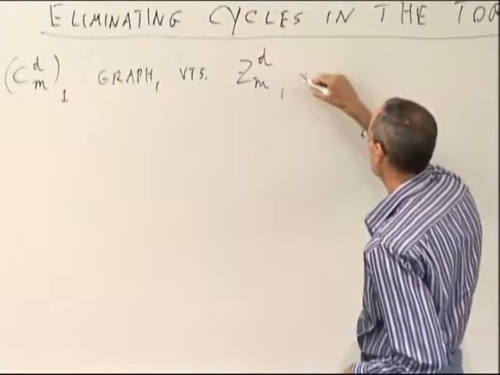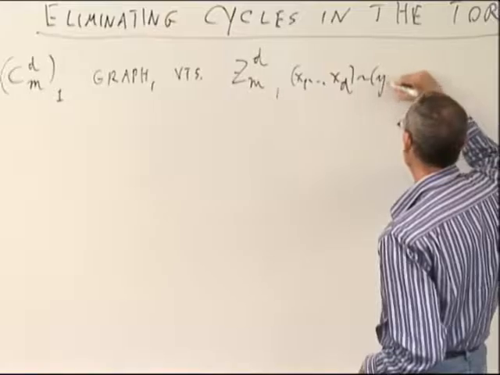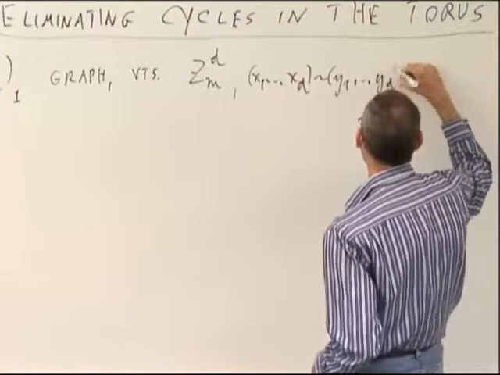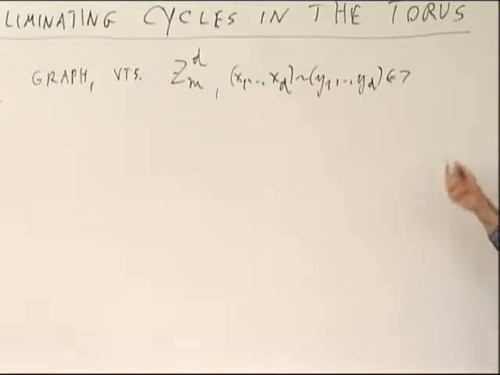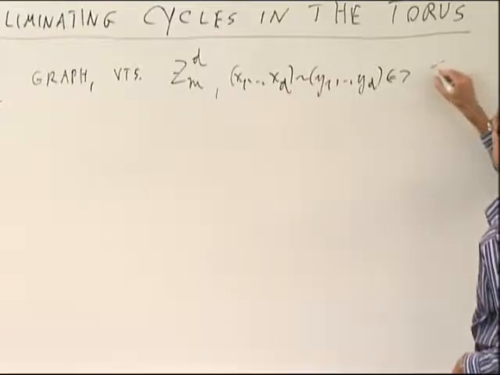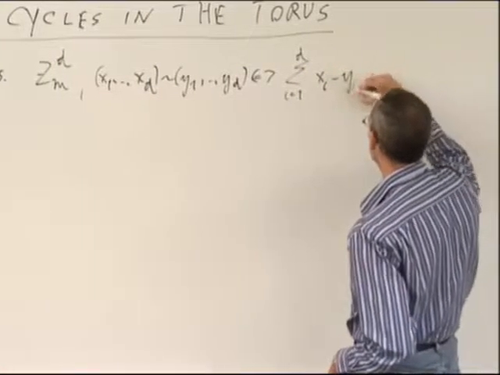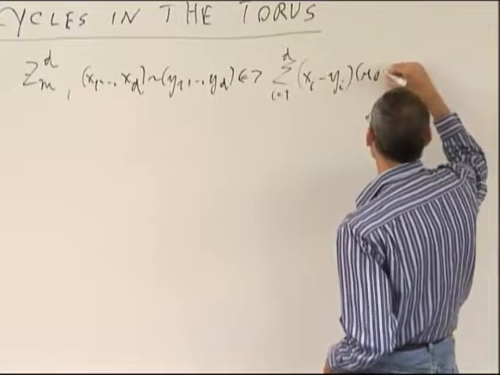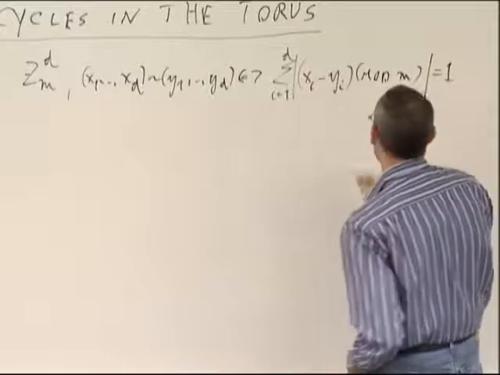And I have to define when two are adjacent. So x1 up to xd is adjacent to y1 up to yd, these are two typical vertices, if and only if the sum of |xi minus yi mod m| equals 1.